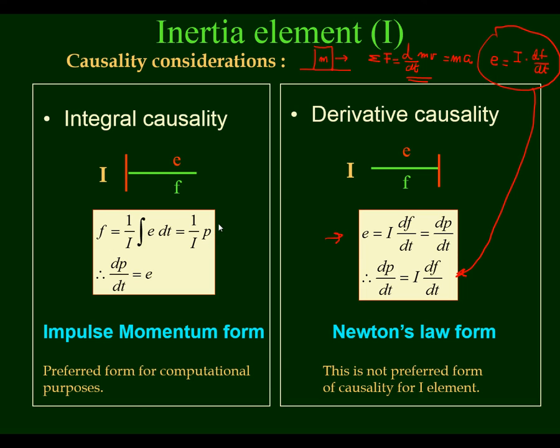If you have this equation here, and we don't want to have it in terms of the derivative form, you can write that E is equal to I times df dt. What you have to do is integrate both sides.